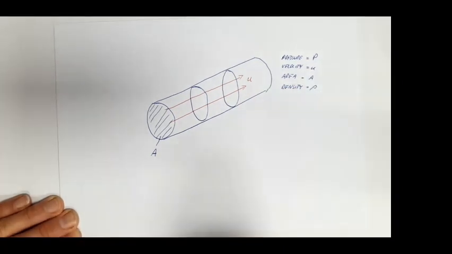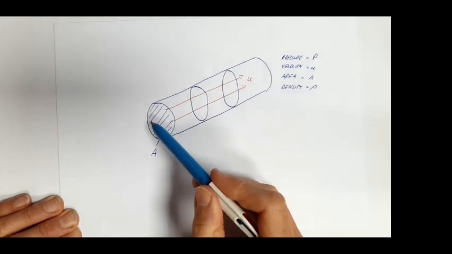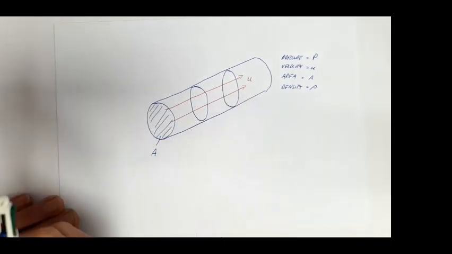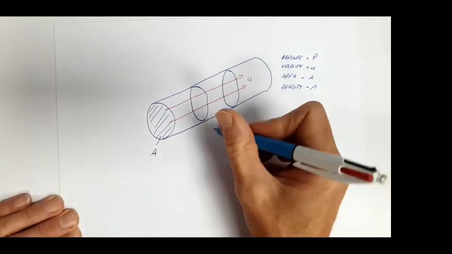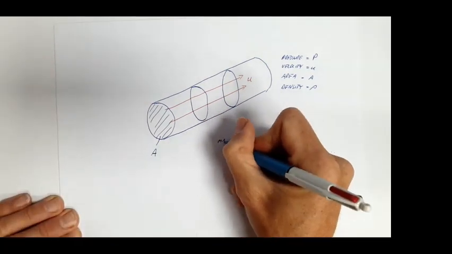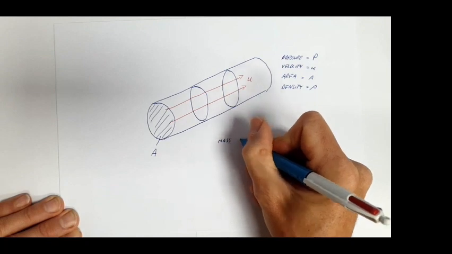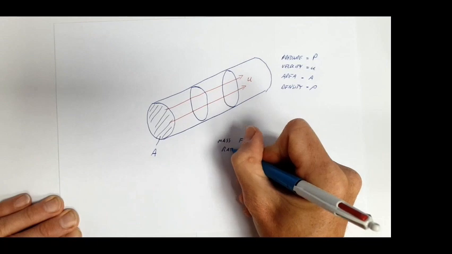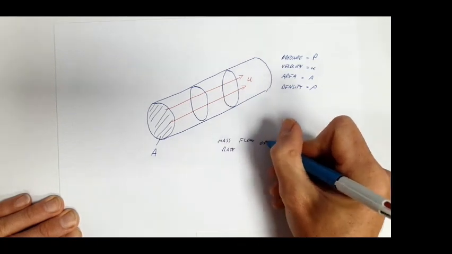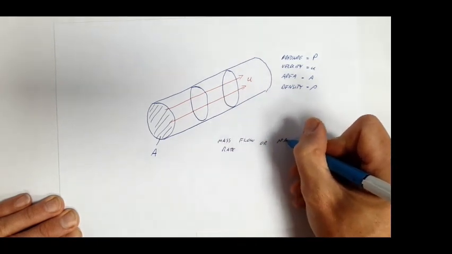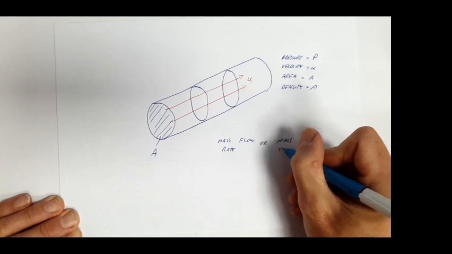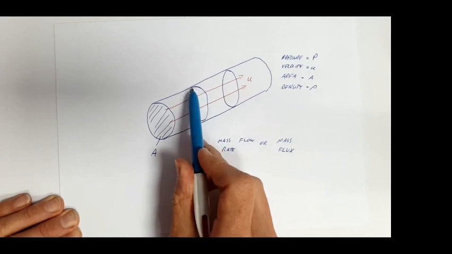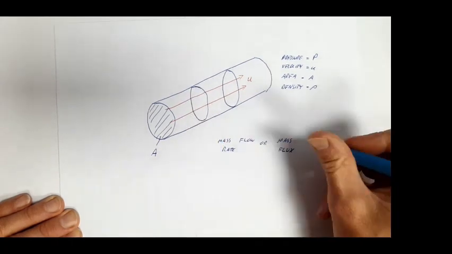Okay, so the mass of fluid moving through our pipe, we will often refer to the mass flow rate or the mass flux. Okay, so the mass flow rate or mass flux is simply the mass of the fluid moving past a certain point.